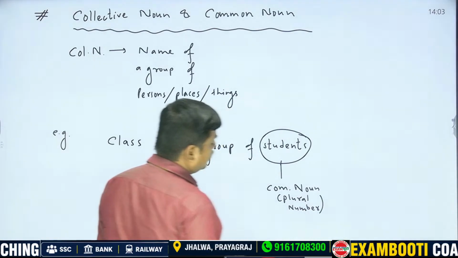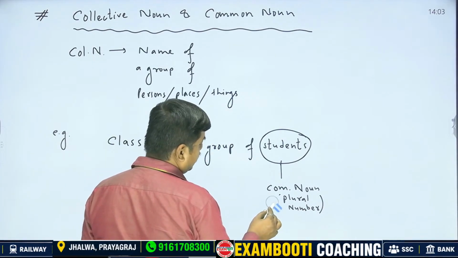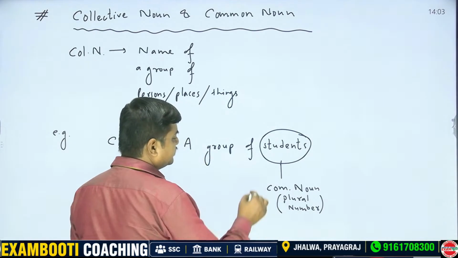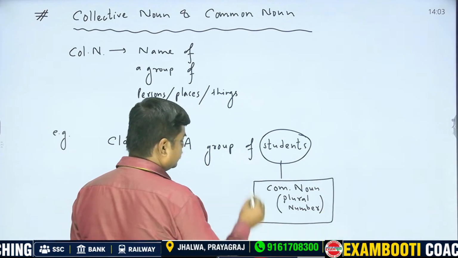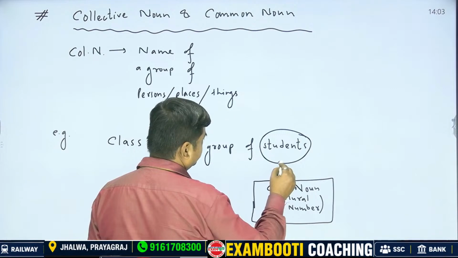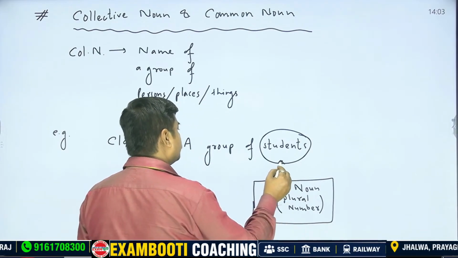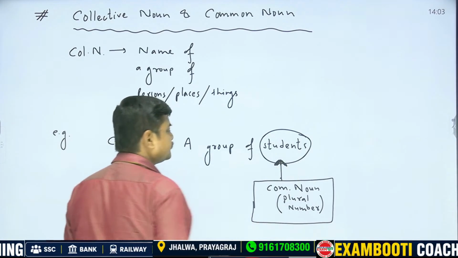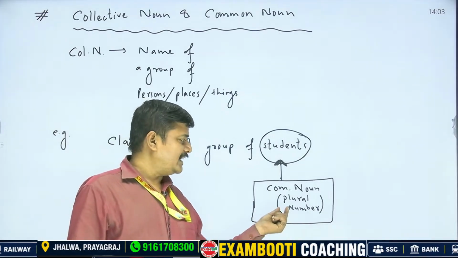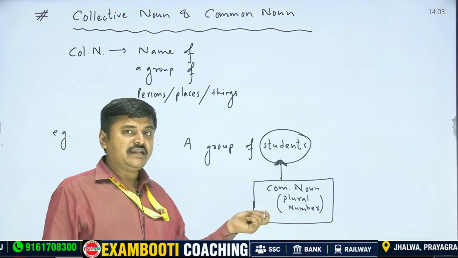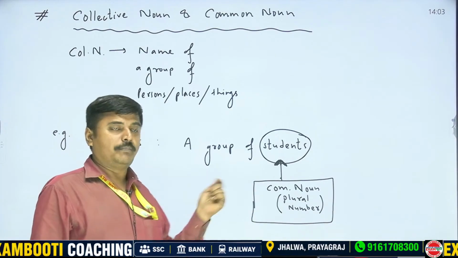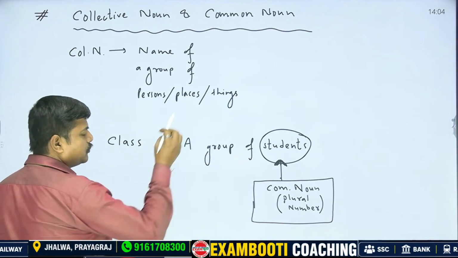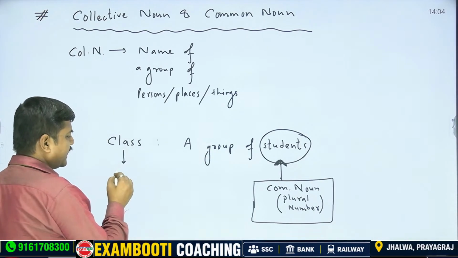It means most of the time, almost in 99% cases, wherever there is a common noun in plural number, we would make a group of those common nouns. All the common nouns that are plural, when we are going to talk about their group, the name that is given to that group will be a collective noun.